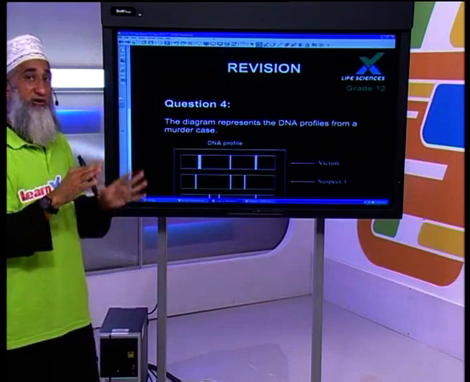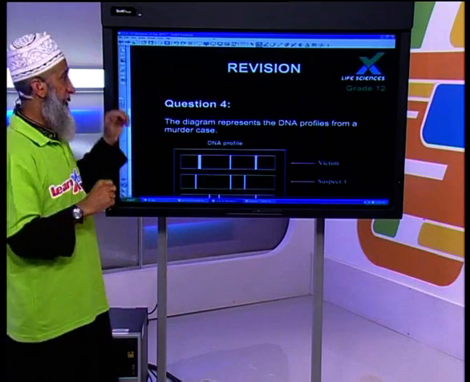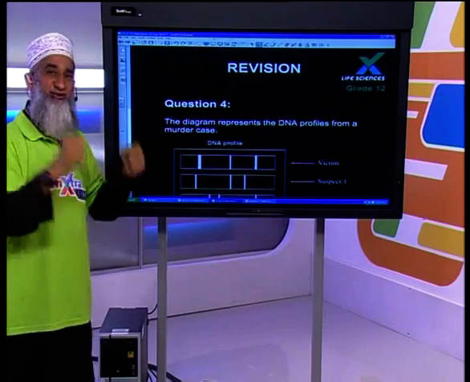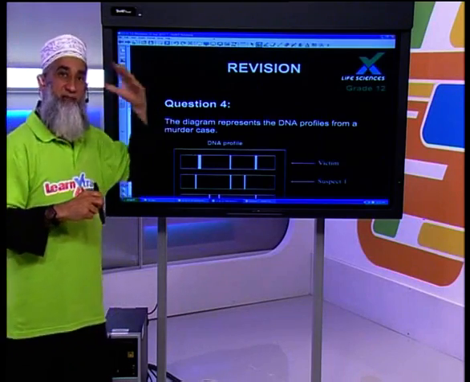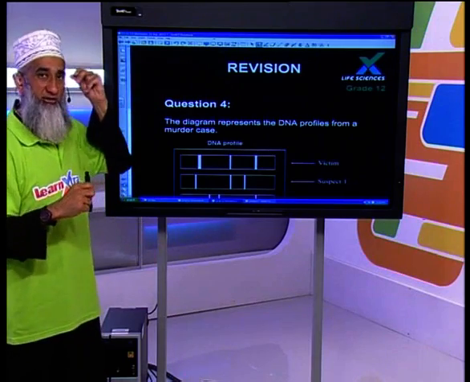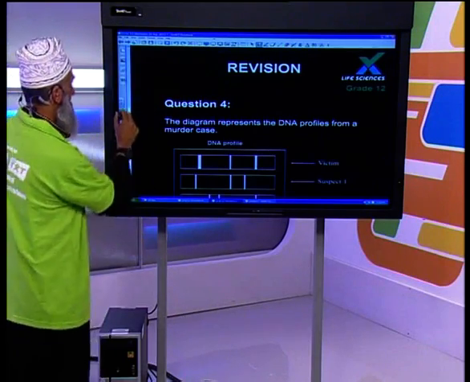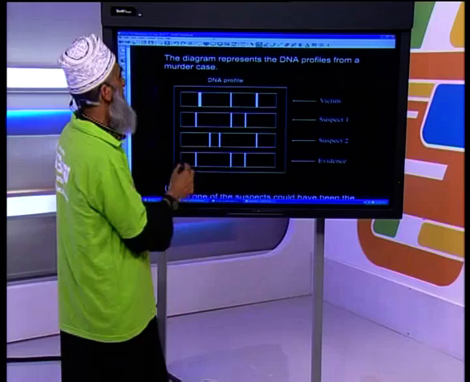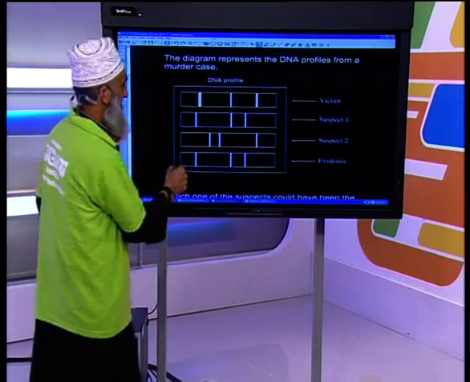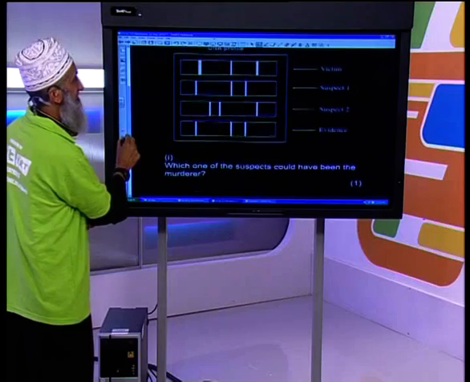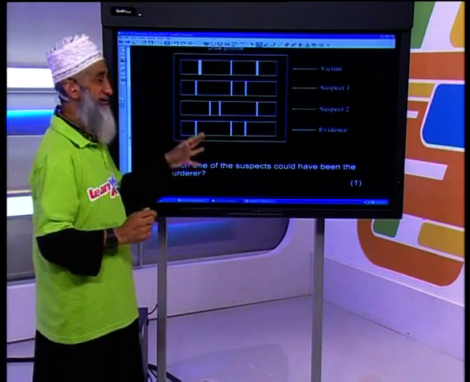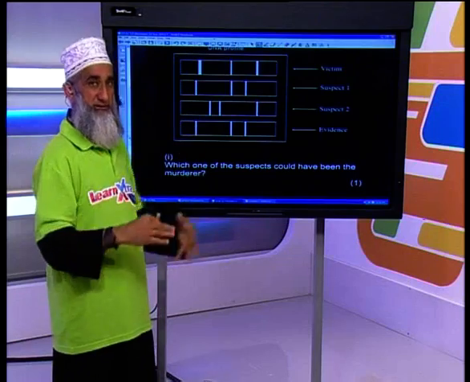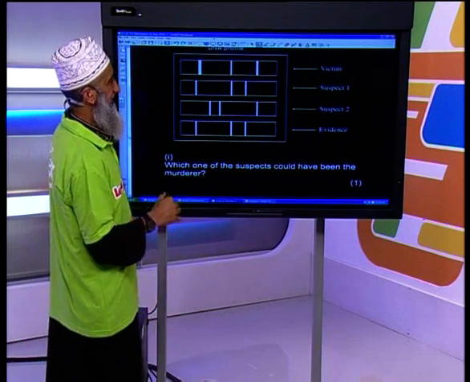We're moving over to a small question on paper 1 that I've been dying to put up for the last couple of times on DNA. I tried it on genetics and we just didn't get to it. So today we're making sure that we got there. The diagram represents DNA profiles from a murder case. So there was a murder, and there we have the DNA profiles, or the DNA sequence, or the DNA fingerprint of the case.